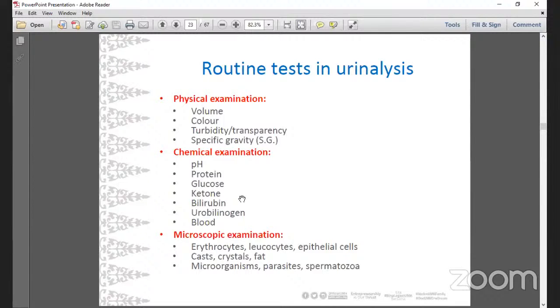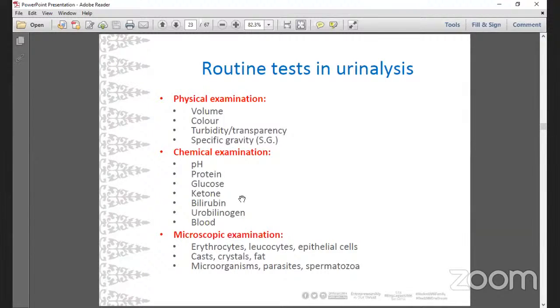This turbidity is always related with the presence of cells in the urine. When there are more cells, crystals, casts, and regular cells in the urine, the urine becomes very turbid.